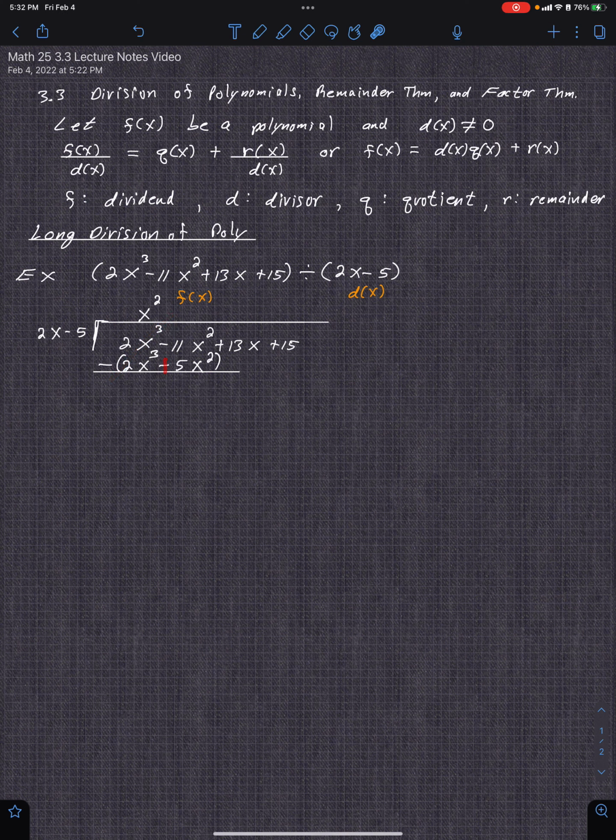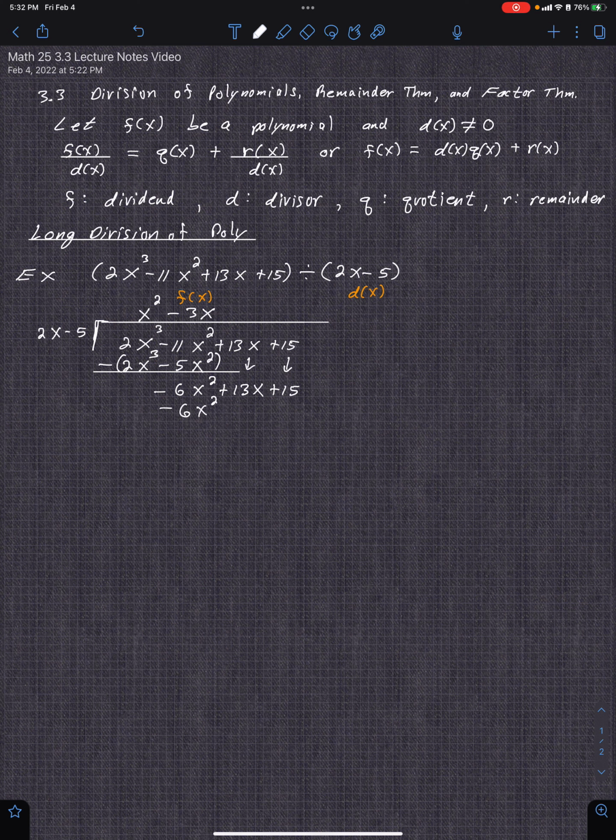This becomes a plus, and then you add. So you get negative 6x squared, and the rest are 0, so you bring those down. So it's plus 13x plus 15. And then you ask the same question, what times 2x is negative 6x squared? It's negative 3x. Then you multiply, and you get negative 6x squared.